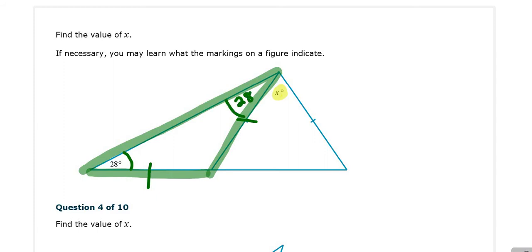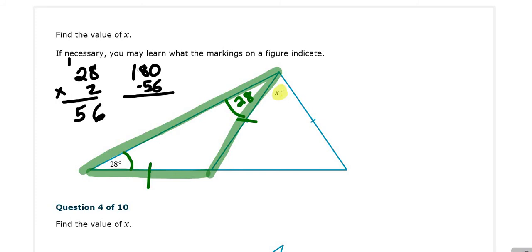So that 28 pulls over. We add those, take it away from 180. You get 124.